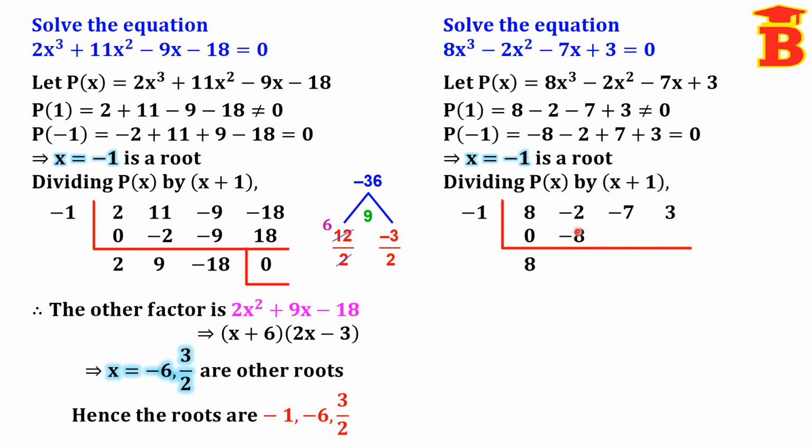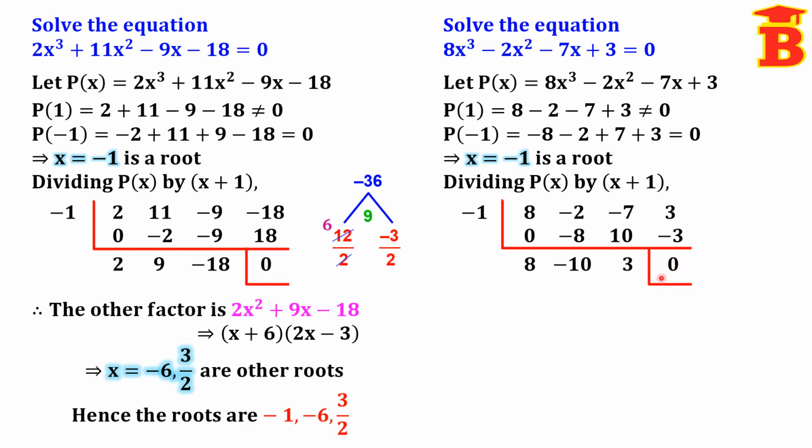Now adding this, minus 2, minus 8, minus 10. And then multiply minus 10 into minus 1, that is plus 10. Now adding this, minus 7 plus 10 is 3. 3 into minus 1, minus 3. Finally adding this, 3 minus 3, 0. So this we take as remainder.